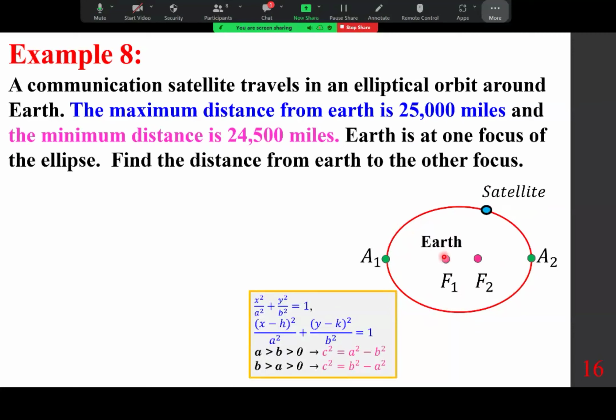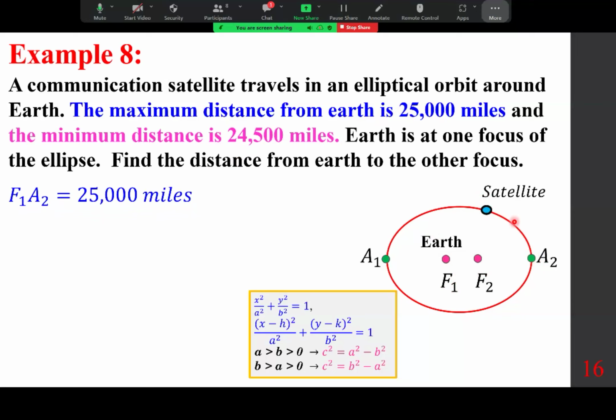What would be the maximum distance from the Earth when it's located here? This distance, F1 A2, is the maximum distance, and it's 25,000.